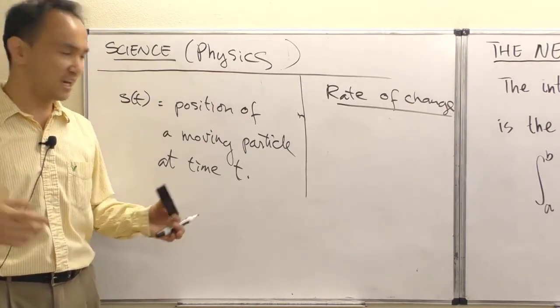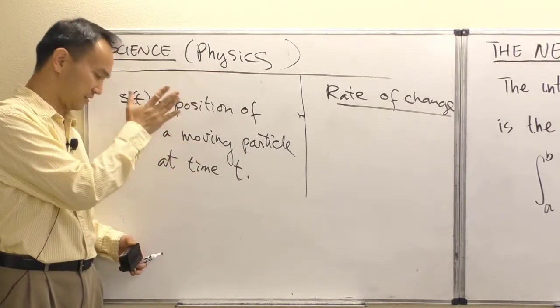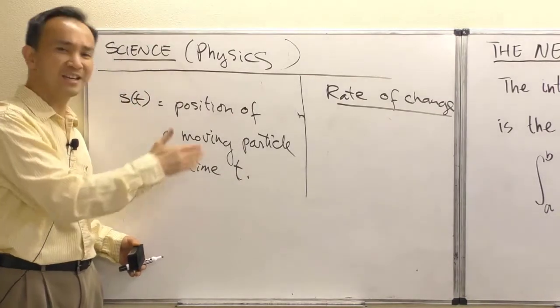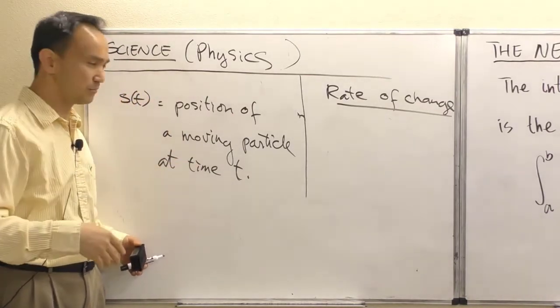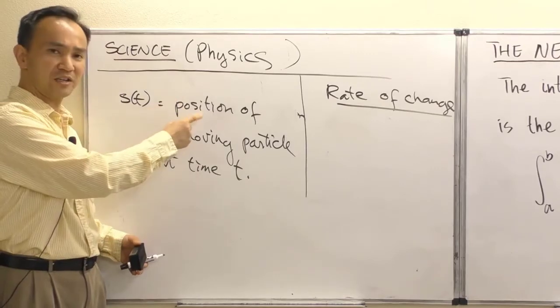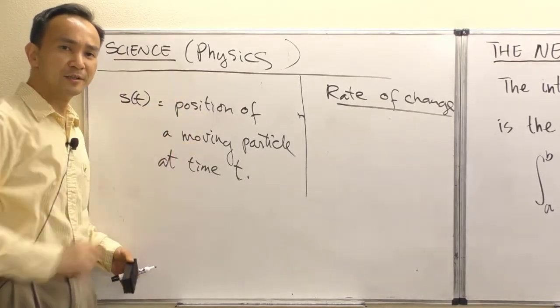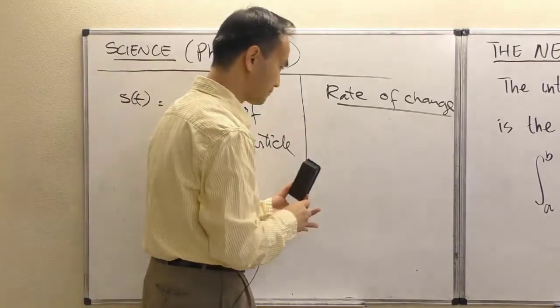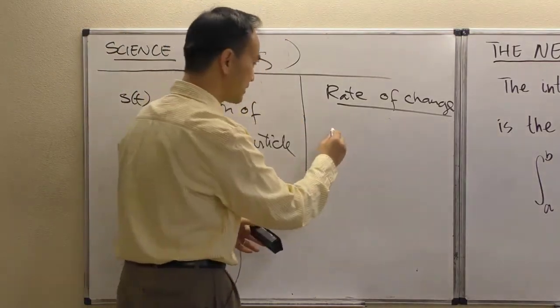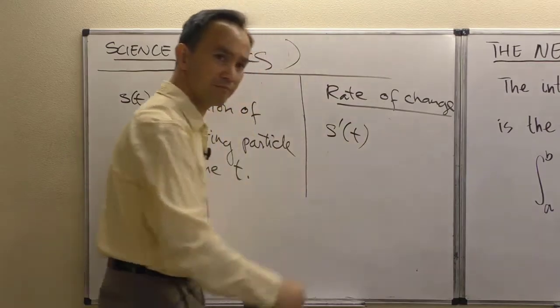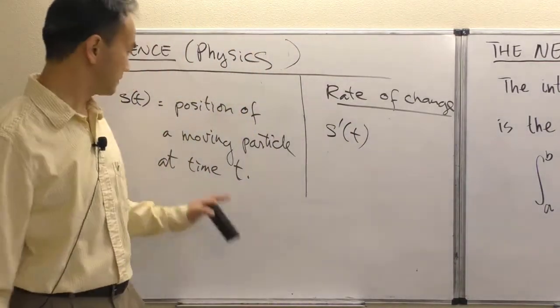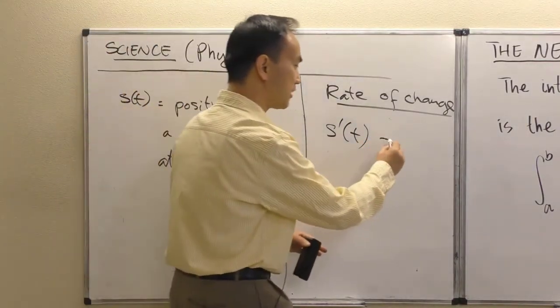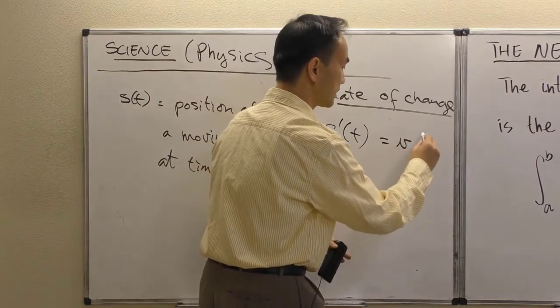So in the end, this is a very common and famous problem among physicists. We try to learn about the position of a moving particle at any time t. And in that way, the rate of change version is s prime of t, which among physicists we famously know as the velocity.